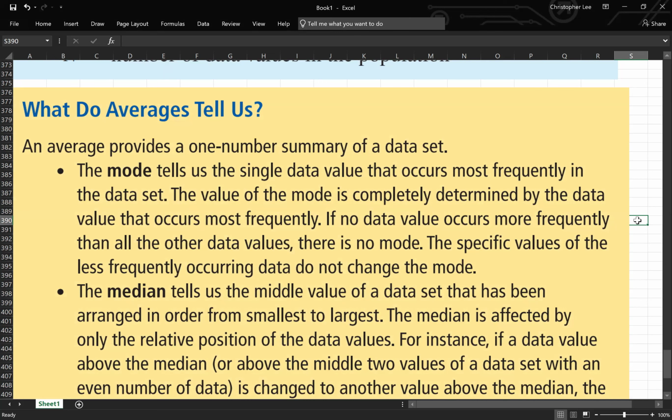The value of the mode is completely determined by the data value that occurs most frequently. If no data value occurs more frequently than all the other data values, there is no mode, period. The specific value of the less frequently occurring data do not change the mode.